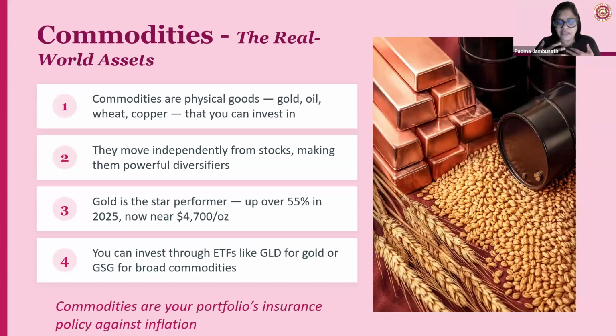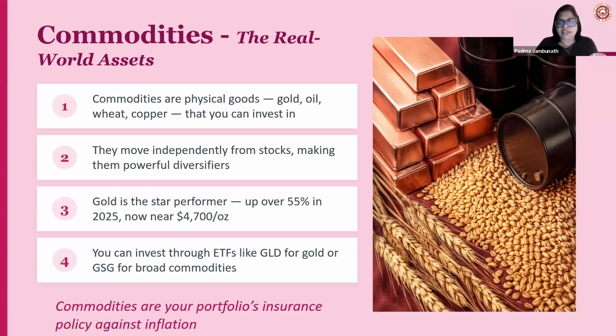The oil that powers your car, the copper in your phone, the wheat in your roti. All these things are commodities. For Indian families, this concept is very, very intuitive. For us moms, it's very intuitive. Your parents and grandparents understand the value of these physical assets.